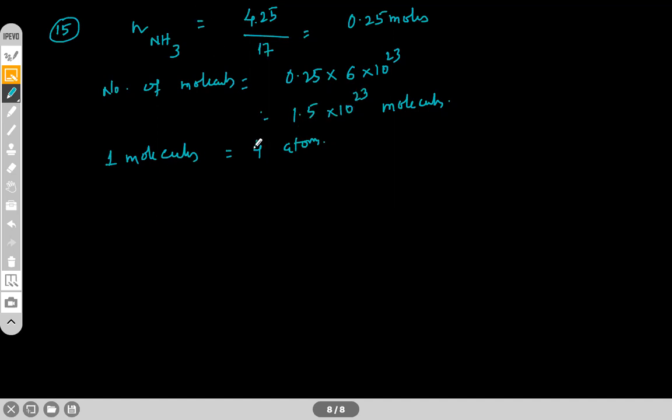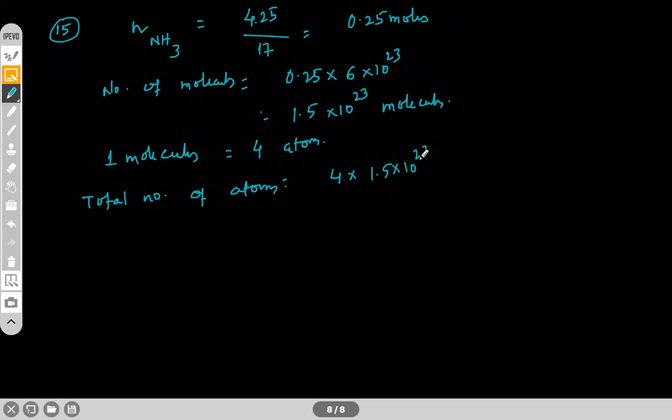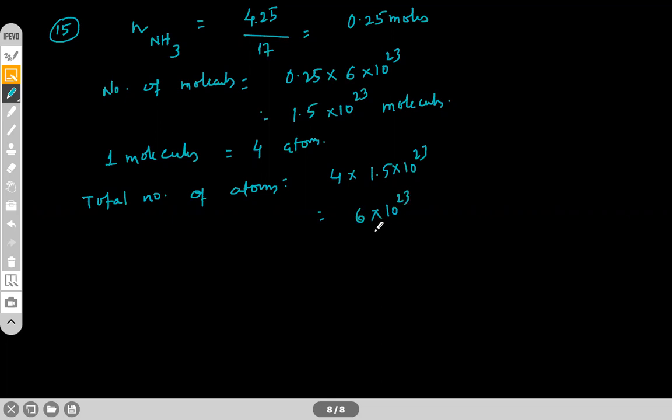So the total number of atoms is 4 into 1.5 into 10 to the power 23, which is 6 into 10 to the power 23. This is the answer. The 15th one is this.